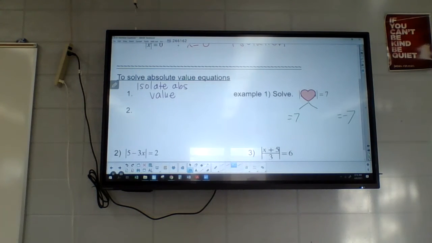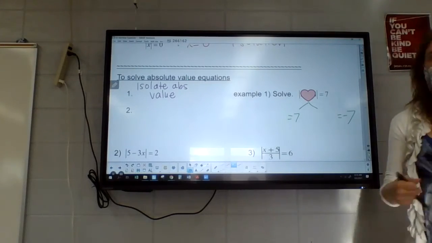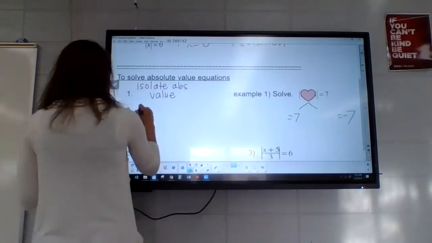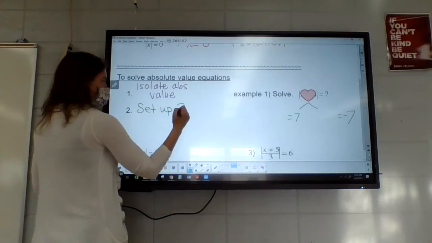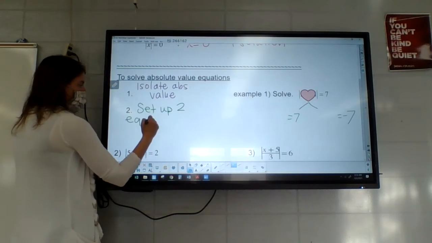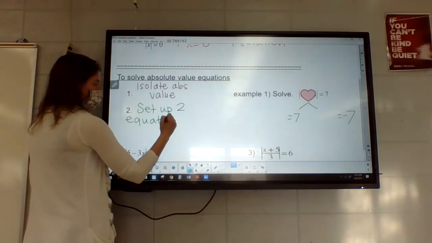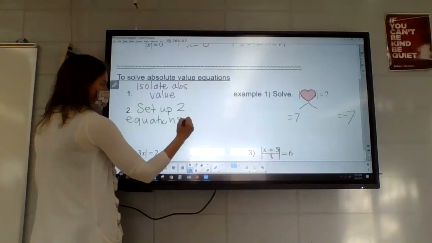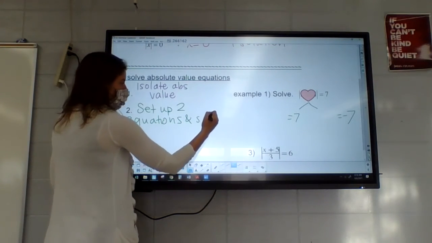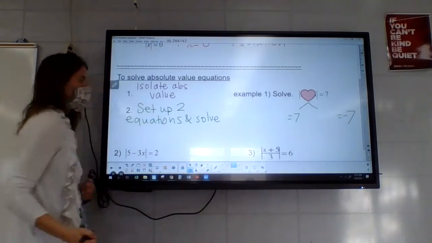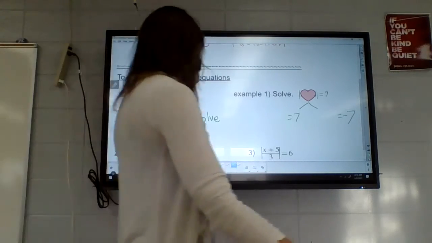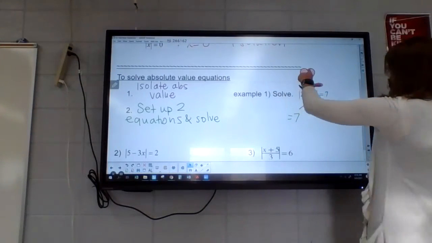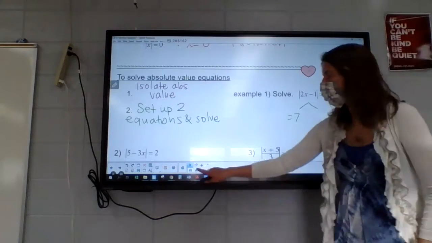We're going to set up two equations to figure out what x can be, and then solve. Now I'm going to uncover the heart, because we do need what's underneath there.